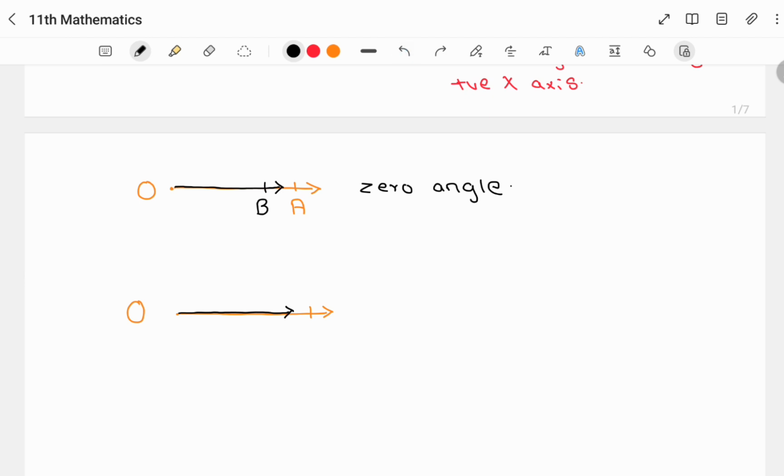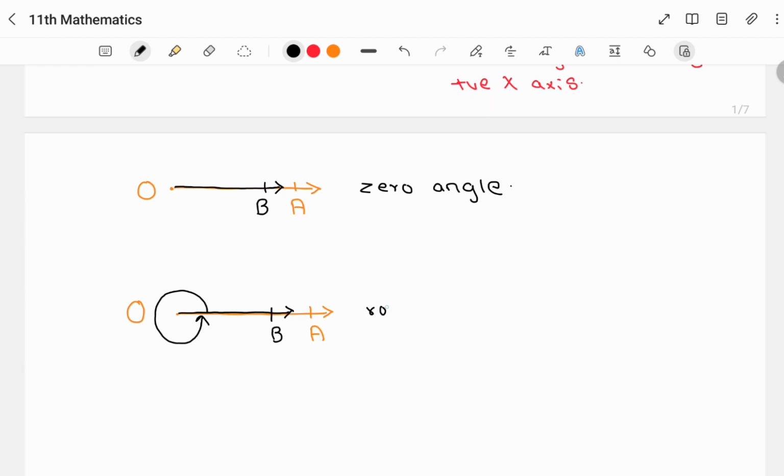In zero angle, there is no rotation, but in one rotation angle, the initial arm has undergone a complete rotation and reached the initial position again.